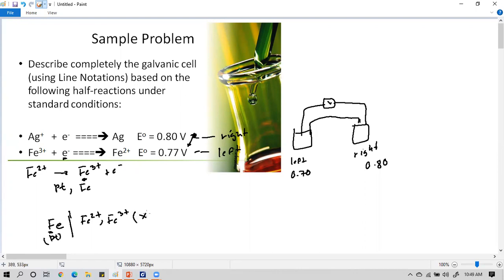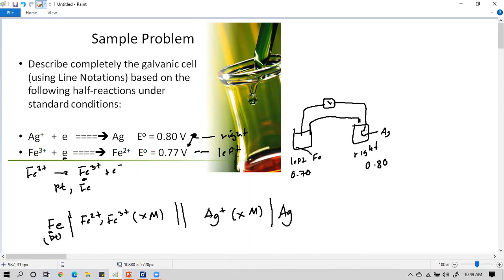With this X molarity. And then we have the salt bridge kasi nandito siya, yan, the Fe. Then the salt bridge, kung saan yung Ag. So, Ag positive, we have an unknown concentration. And then yung electrode na Ag.